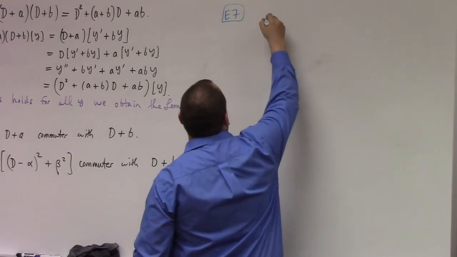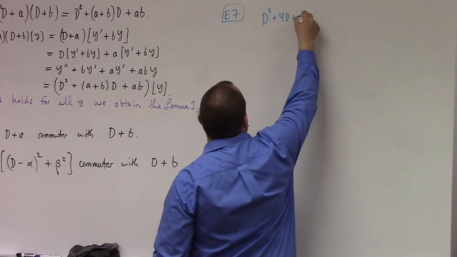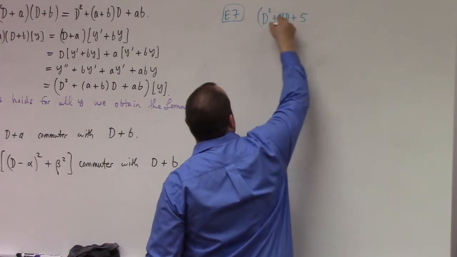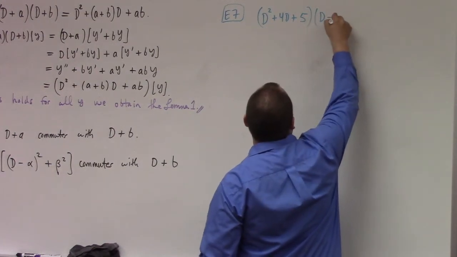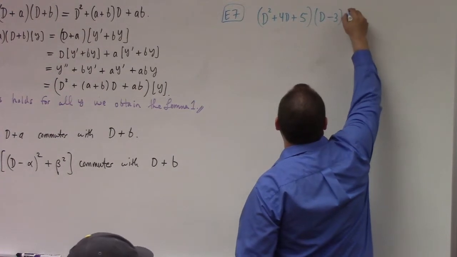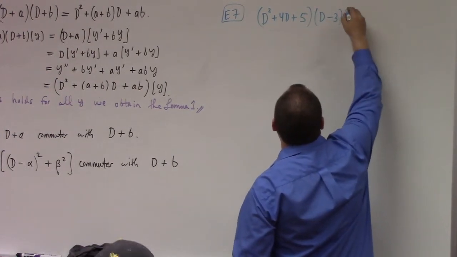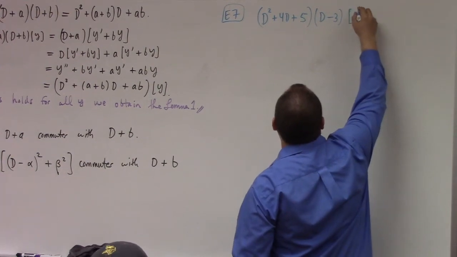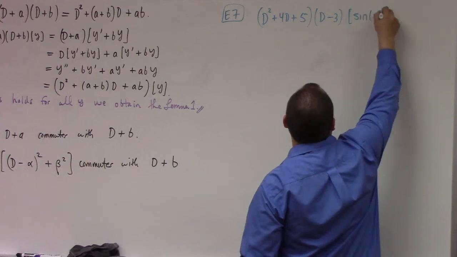So let's try D squared plus 4D plus 5 and D minus 3, and let's let it act on something relatively harmless like sine of x.